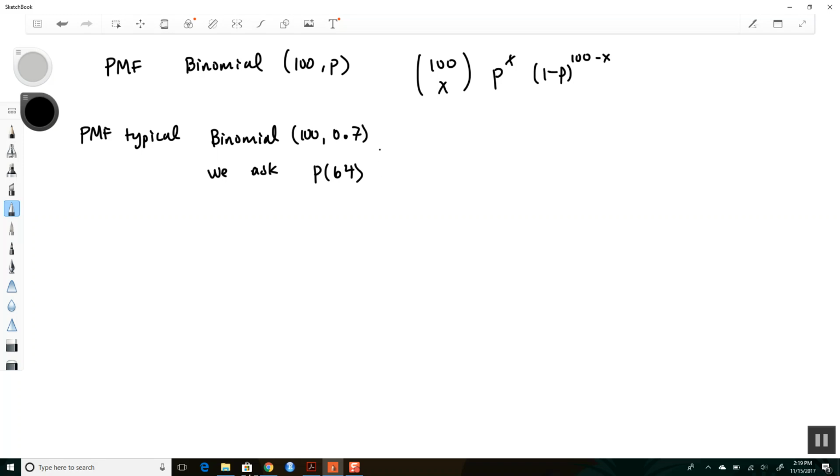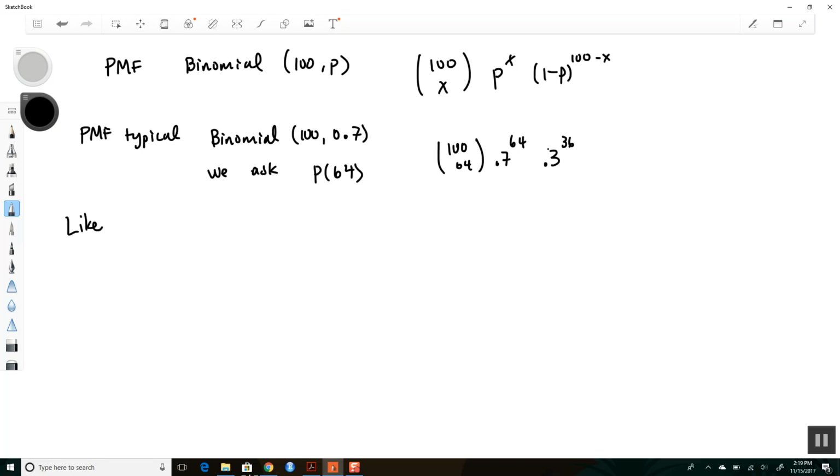Okay, so if the probability of success is 0.7, the probability of getting 64 would be 100 choose 64, 0.7 to the 64, and 0.3 to the 36. That's good with everybody, right? Okay, so this would be your typical usage here.